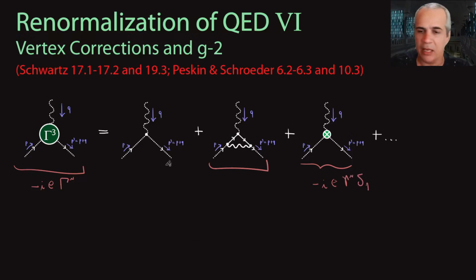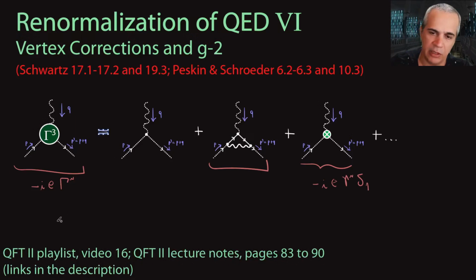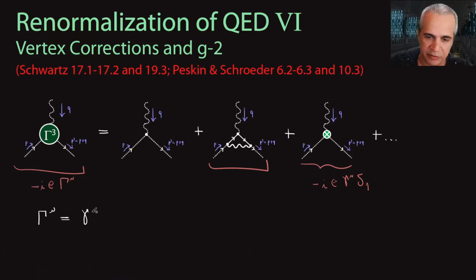We have shown a few videos ago that, due to Ward identities and the general Lorentz structure of this function, it can be written in terms of the form factors F1 and F2, which is proportional to this Lorentz structure right here.